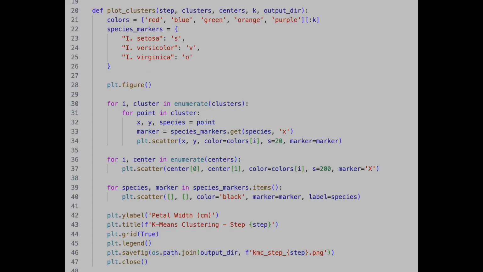The plot clusters function draws a scatter plot to visualize the current clusters. It gives a different color to each group and different markers based on flower species. It also shows where the cluster centers are by drawing large X marks. The plots are saved as image files showing how the clusters change over time.